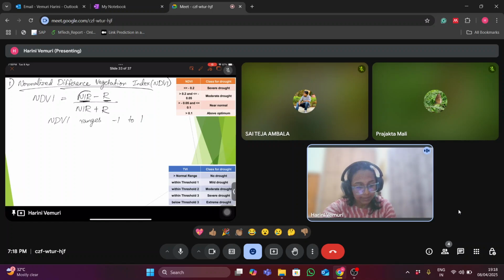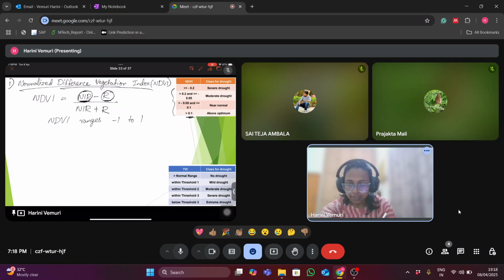So for healthy vegetation, NIR will be higher and reflectance in red will be lower. That means the NDVI value will be higher. If you see here also, as the value is increasing, there is no drought. If it is greater than 0.1, then it is called above optimal. If it is less than -0.2, then a severe drought is occurring.